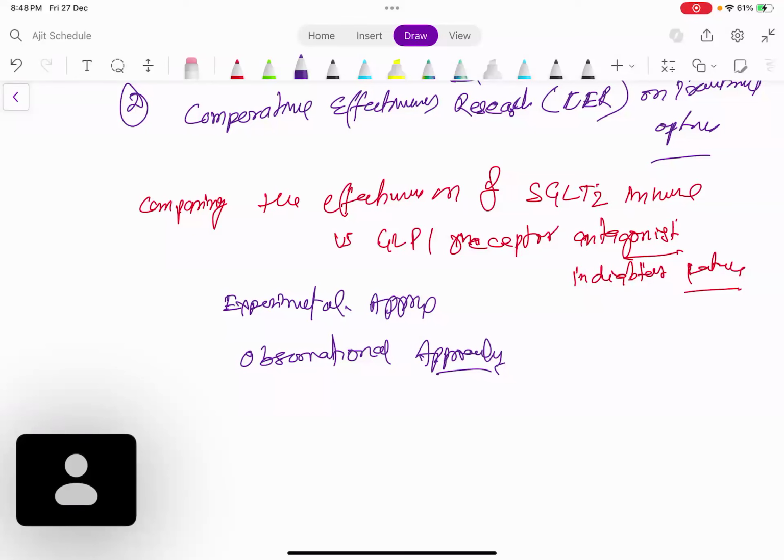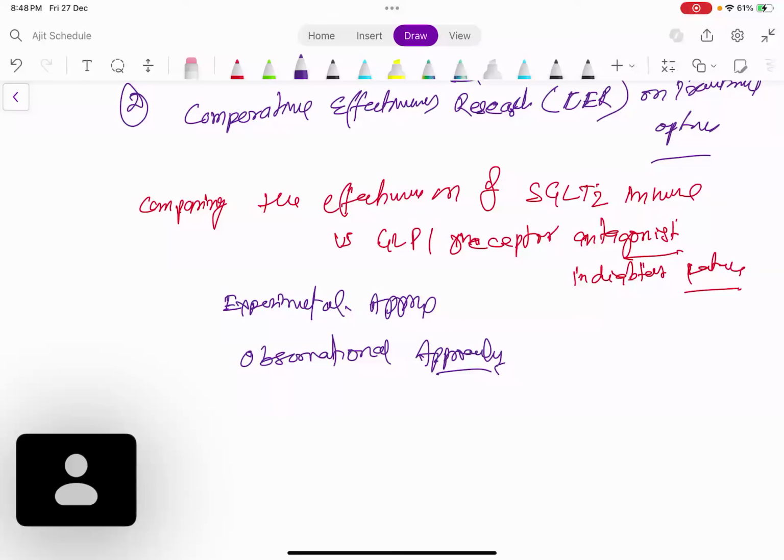When we are talking about experimental or observational, you can do anything. If it is experimental, then you are the person assigning the treatment. If it is observational, you are the observer, and someone else has assigned it. If we are doing comparative effectiveness research, you can go for observational or cohort research also.